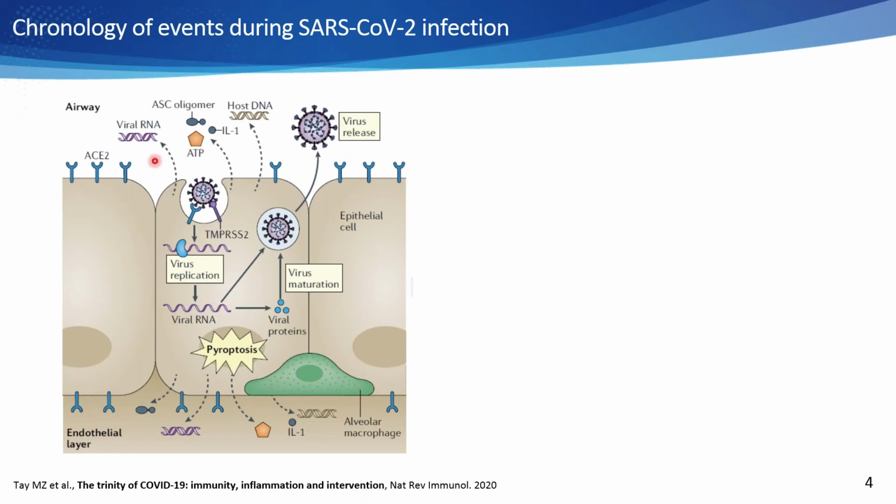First, SARS-CoV-2 is present in the air and in some droplets, and the first portal of entry of this virus is the airway epithelium, meaning that when you breathe in this droplet, it will touch the airway epithelial cells and then bind to the surface receptor of these cells. The receptor for SARS-CoV-2 is angiotensin converting enzyme 2, ACE2, present on the surface of the cells here.